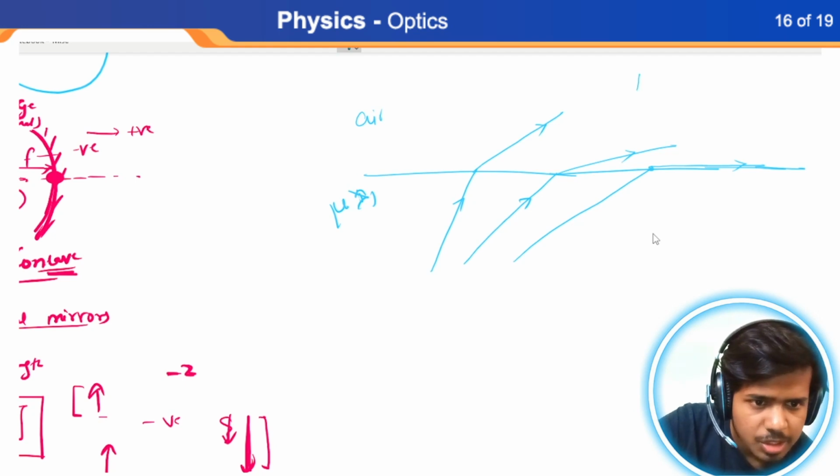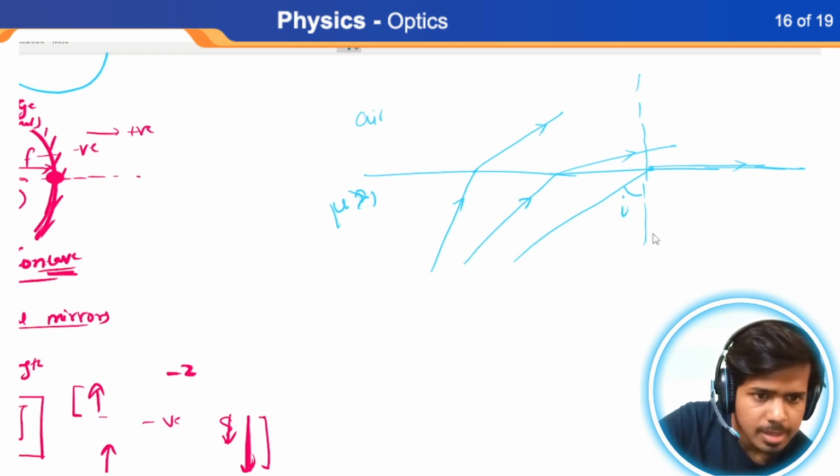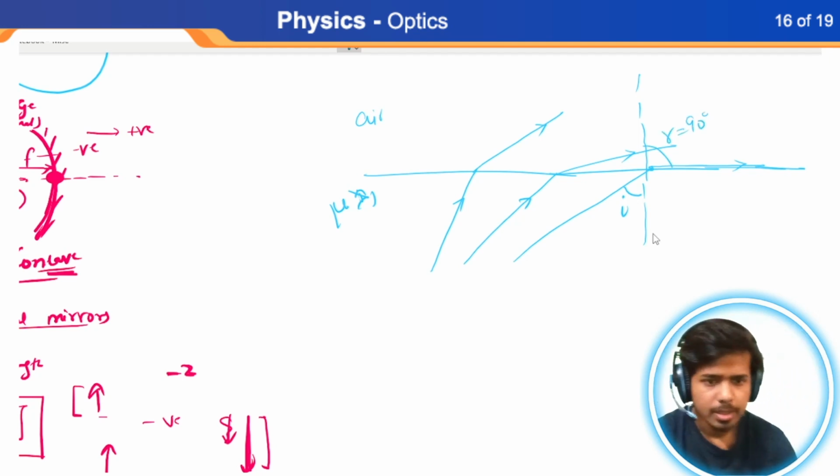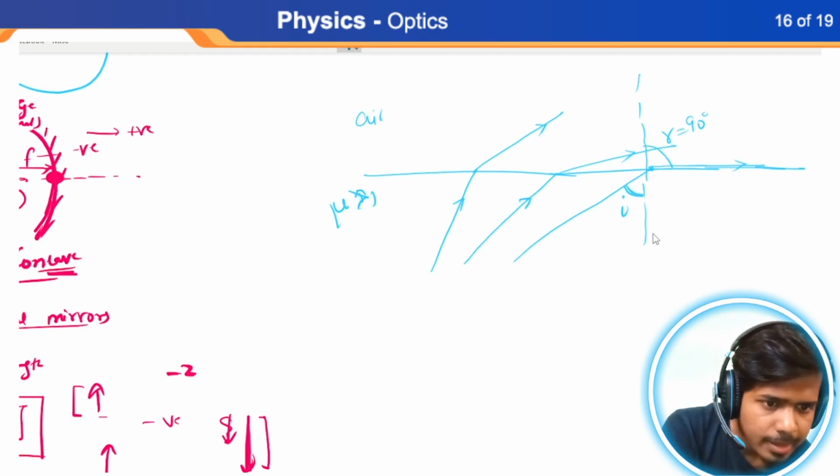In this case, let's draw the perpendicular, and this is the angle of incidence and this is the angle of refraction, r, and this is going to be 90 degrees. Then what is this angle at which the light actually never leaves the surface?